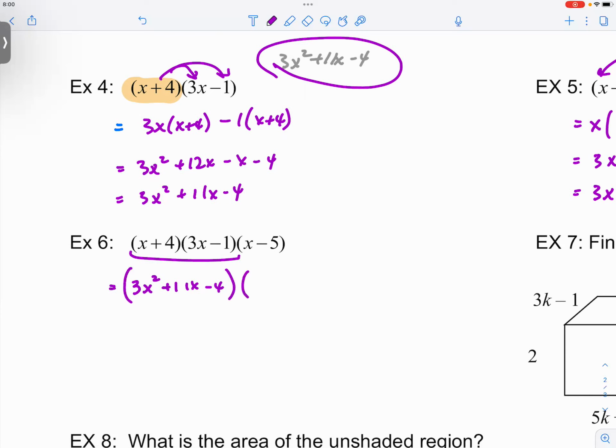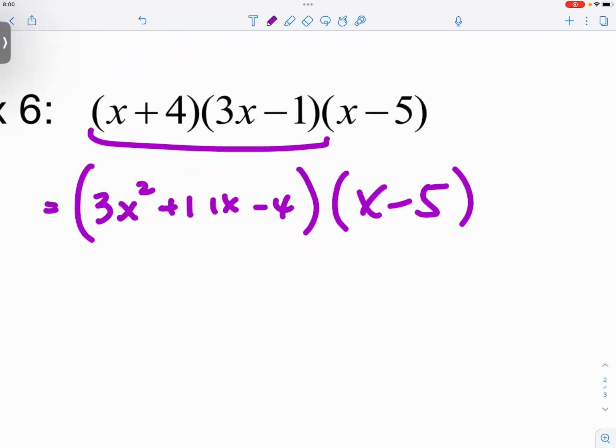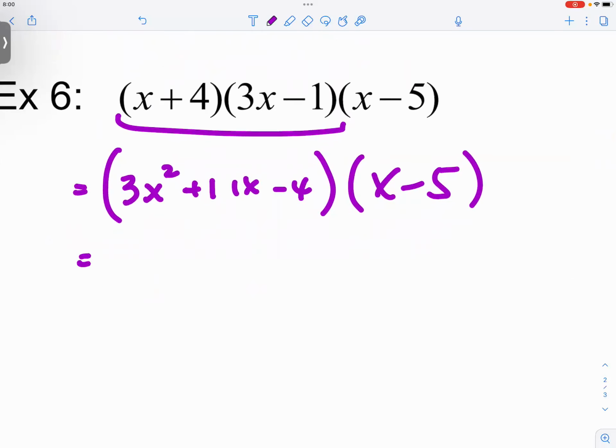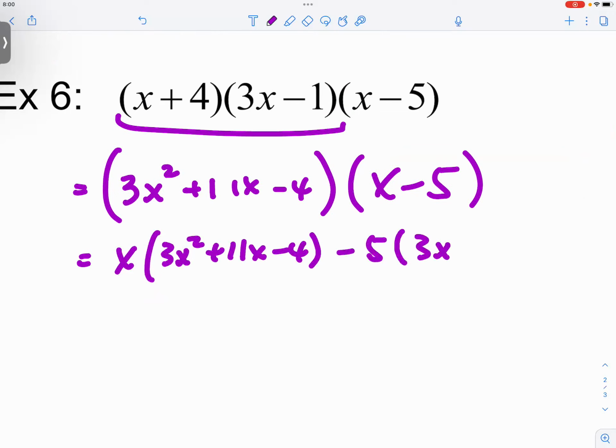Okay, so that's the first two polynomials multiplied together. And then let's go ahead and, well, distribute. So now you could choose to write this if that helps you. I don't have any comments for or against this particular writing, as long as you can do it right. If you want to skip this, that's fine too.